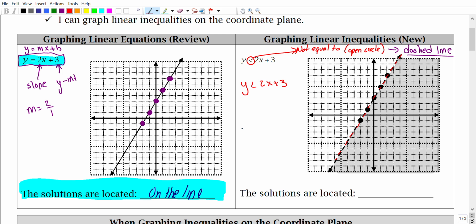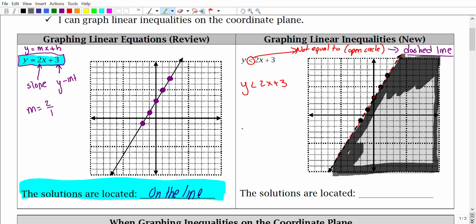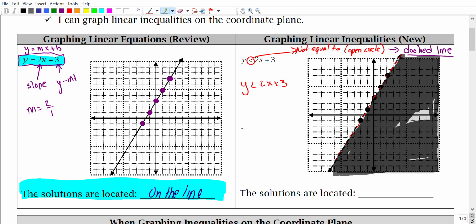Well, what's lower than that line? All of this. So let me actually go ahead and graph. Anything that's under here would be lower than that line. So all of this right here would get shaded in.